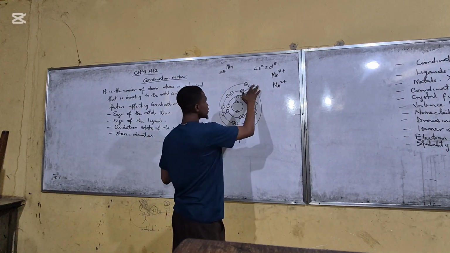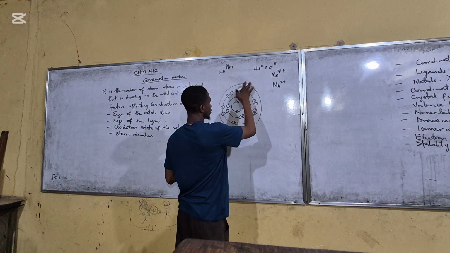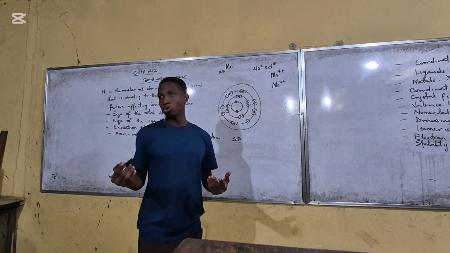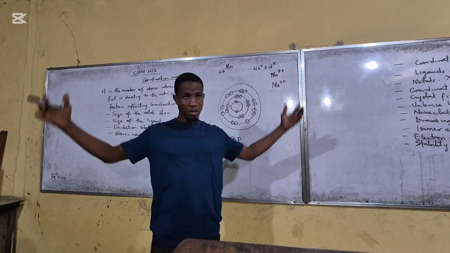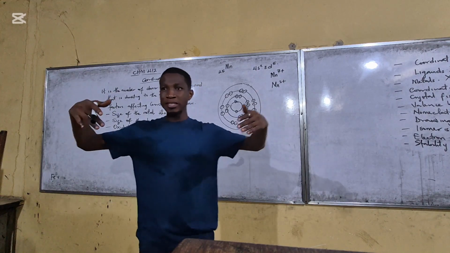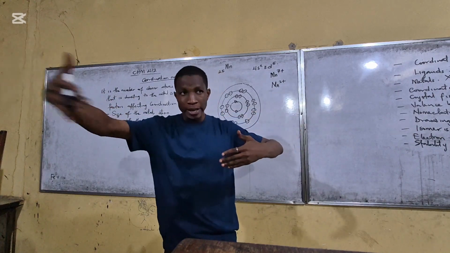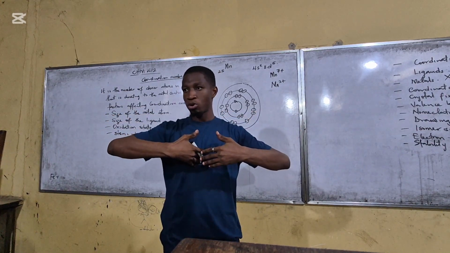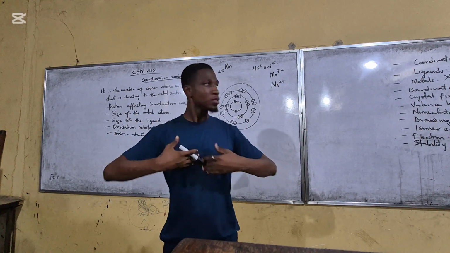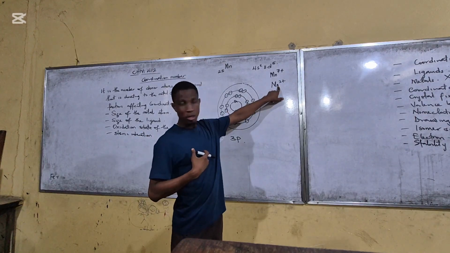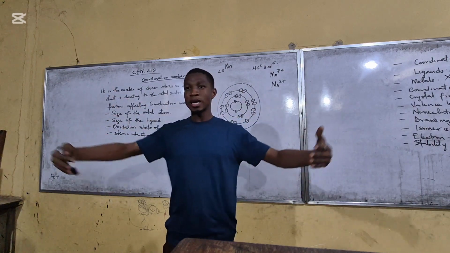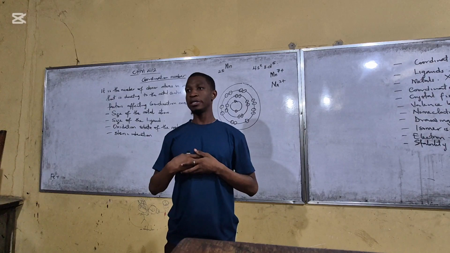So it will not lose so much, and the atomic radius will still be big to some extent. Because it's still big, it has the capacity to accommodate more, so it will take in more ligands. Why? Because the atomic radius is still wide.